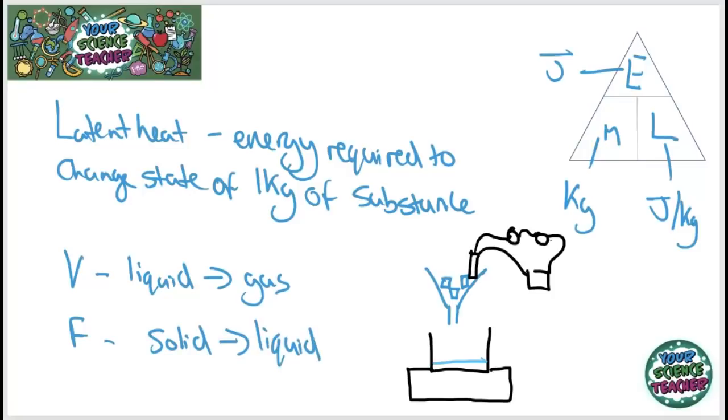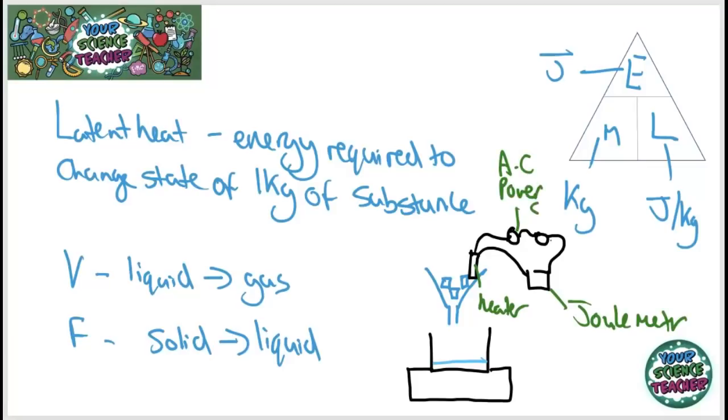Down here, I've just drawn a quick practical setup of how you could calculate the specific latent heat of fusion of some ice. So here I've got a heater, I've got a joule meter, and I have a power source here. This just means AC power source.